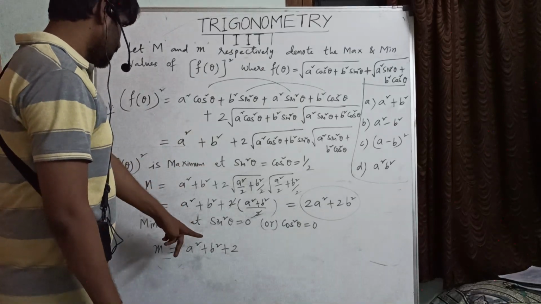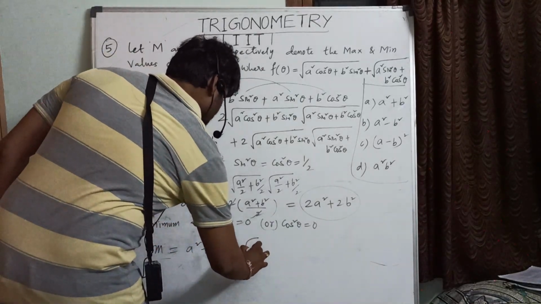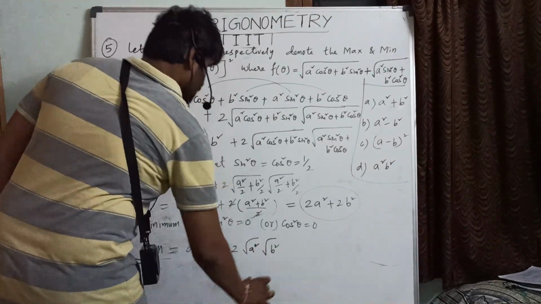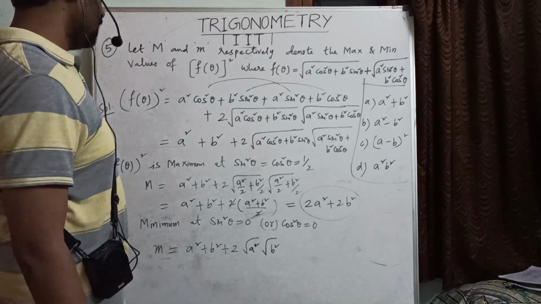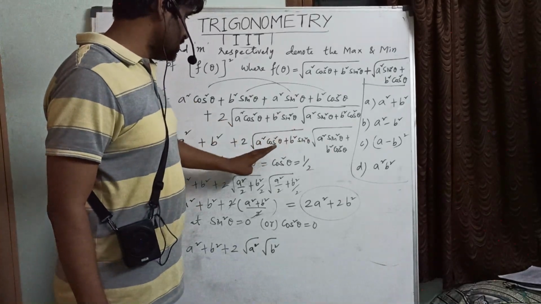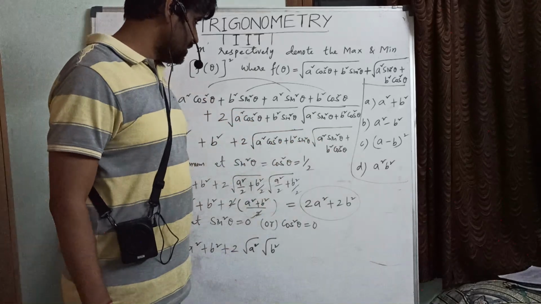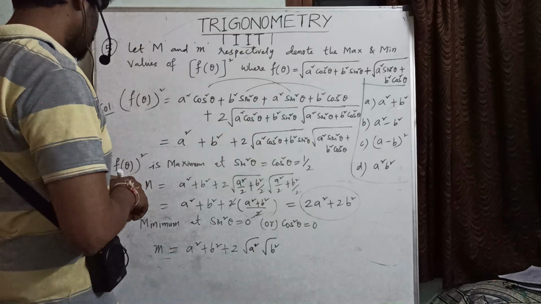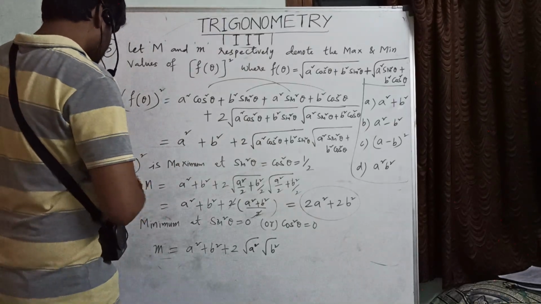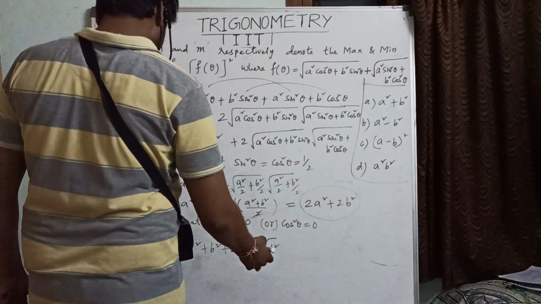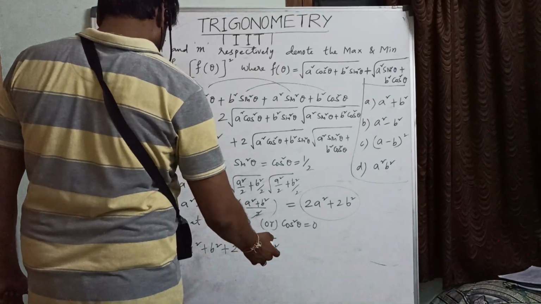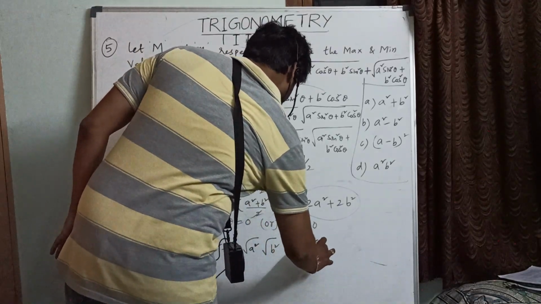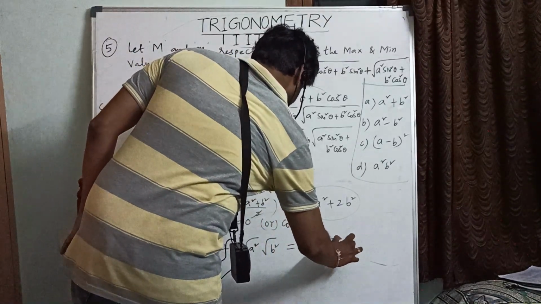Now here 2 root a square root b square. Correct or not? If this is cancelled, we get a square. If that is cancelled, that will be b square here. So by that what can you write? Now from this what will you get? A square plus b square plus 2ab.